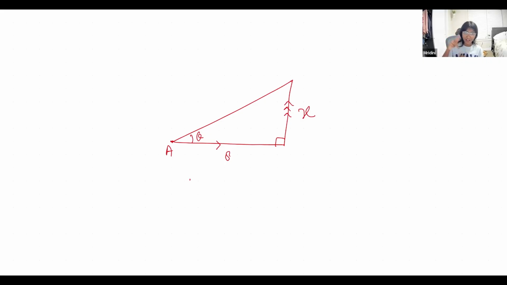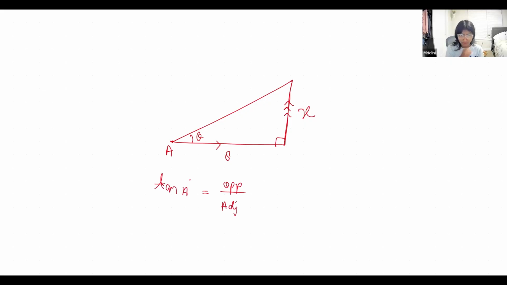That is the opposite, and this is my adjacent. Opposite and adjacent is the rule. Check this. Sorry, tangent. Tangent, yes. So you will have to use tan theta.